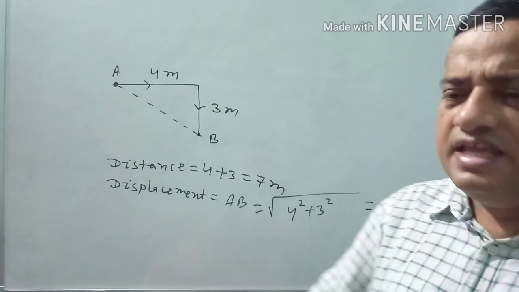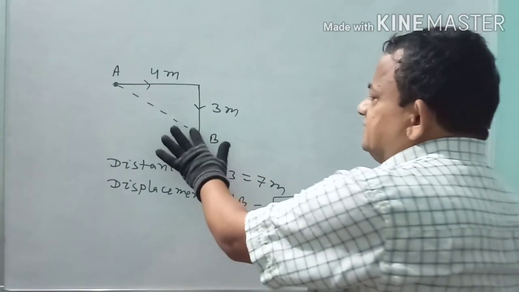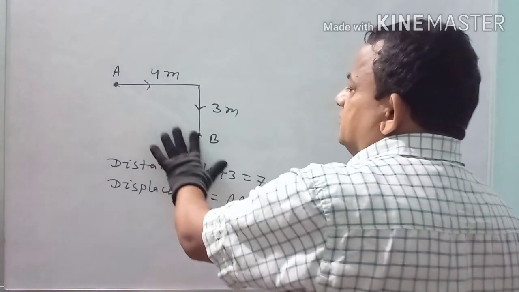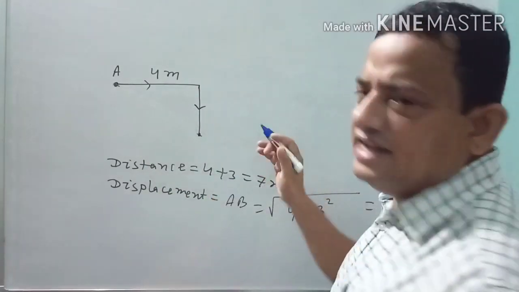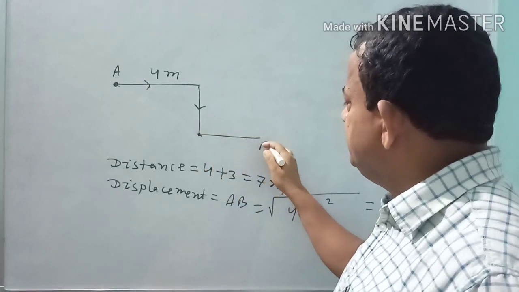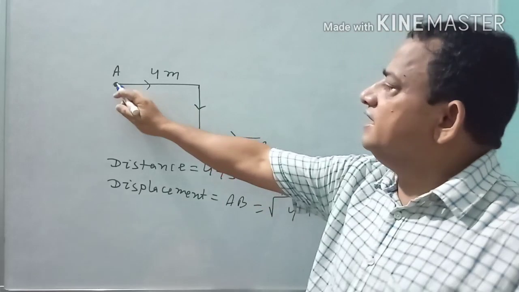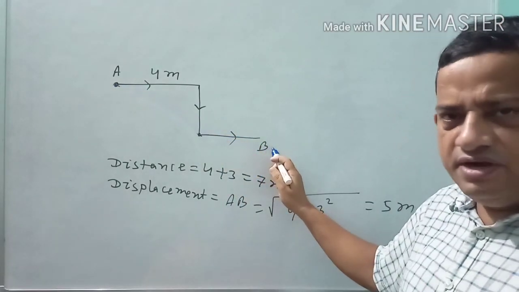Okay. If I change the question like that, suppose I extend this. In the next question, I make it like this. This is B point. A is the initial point, B is the final point.